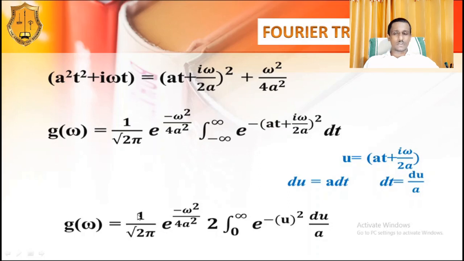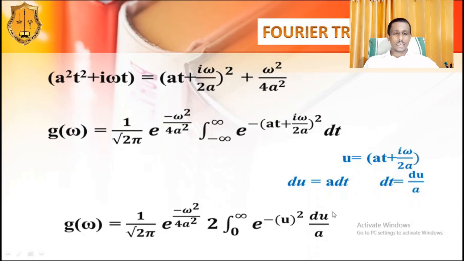Therefore, g(ω) is equal to 1 by root 2π e raised to minus ω squared by 4a squared into the integral minus infinity to plus infinity, which can be changed to 2 into integral 0 to infinity, into e raised to minus, instead of (at plus iω by 2a) we have u, therefore u squared. Instead of dt we have du by a.